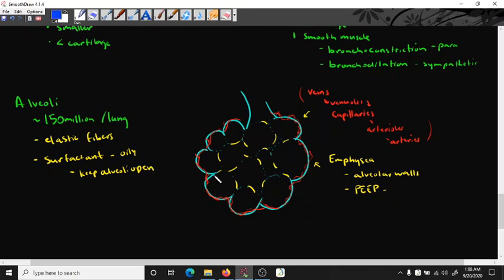So inside your alveoli, you have a thin layer of water on the walls of your alveoli. Very thin layer. And the surfactant, its job is to cover this layer very thinly, but it covers it. And the reason it does that is because water has some interesting chemical properties to it.